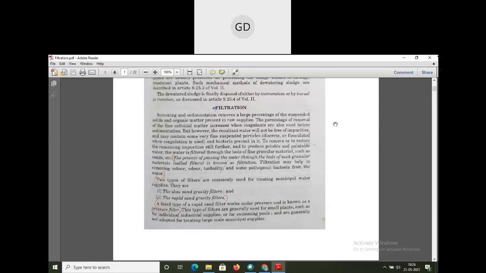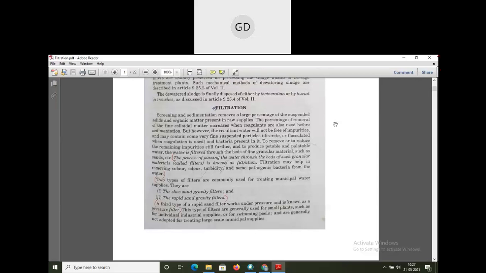This filtration also helps in removing color, turbidity and so on, and mainly it removes the pathogenic bacteria present in the water, and also the very fine suspended particles after the formation of flocs.